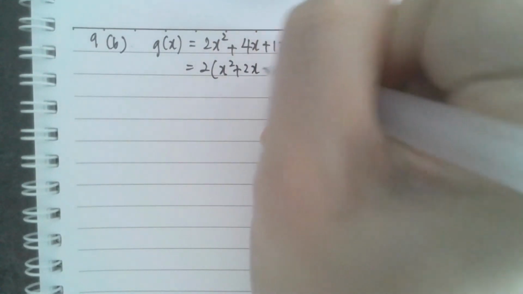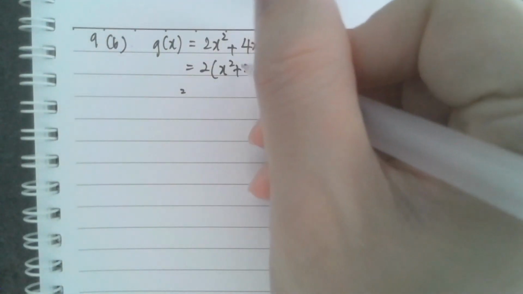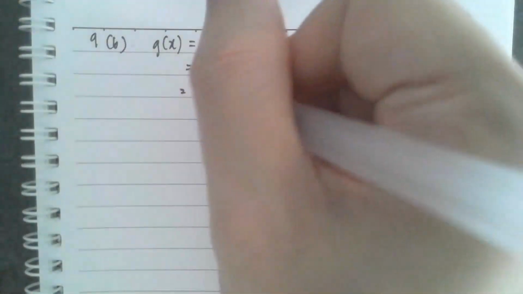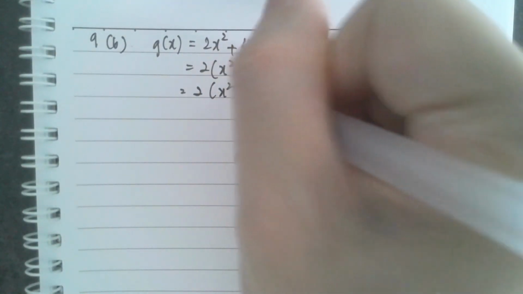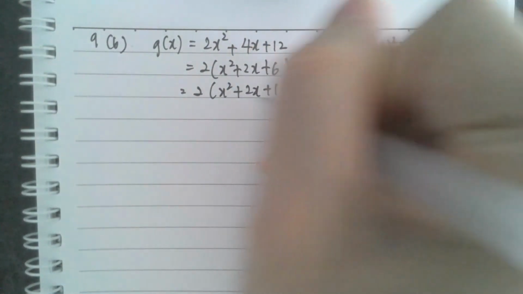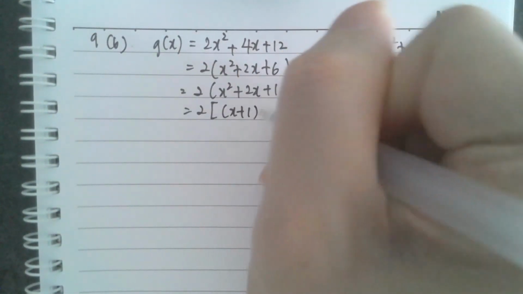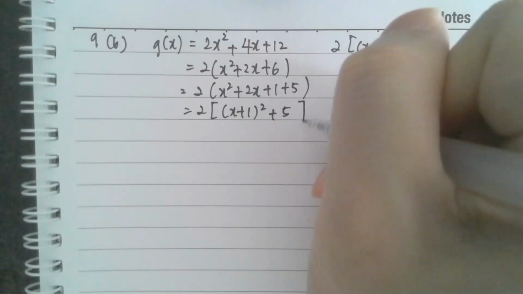From here I can factorize 2 out, and I can see that 2ab would be just 1. So I can break 6 up into 1 plus 5, and that's a completed square, which is (2x plus 1) squared plus 5.